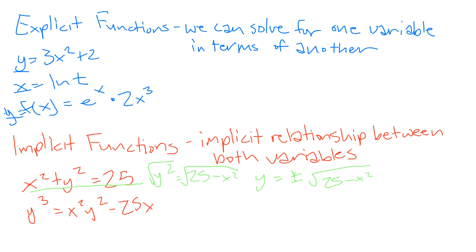There is no way we could do anything like that for this. The powers are weird, the y's are spread out too much, we can't really break that down. That has to just stay there.